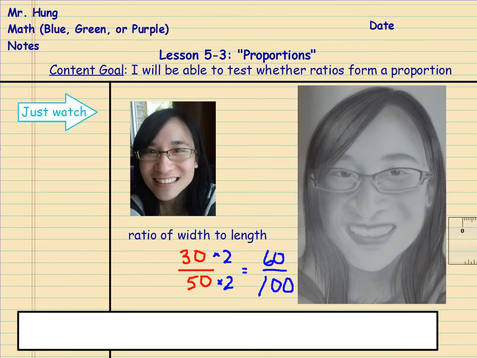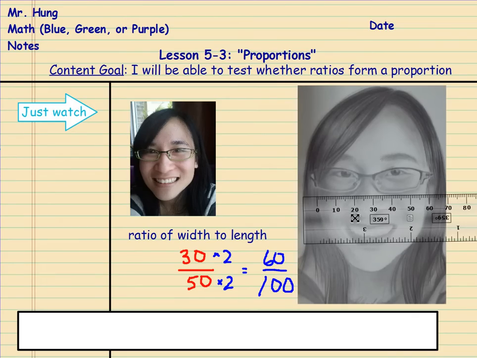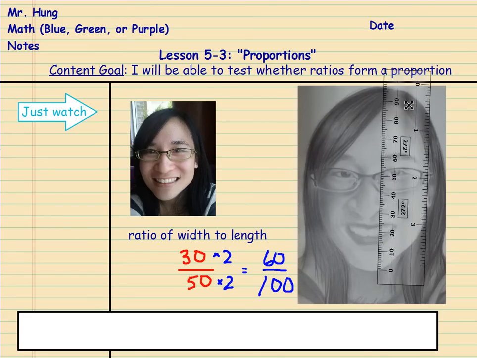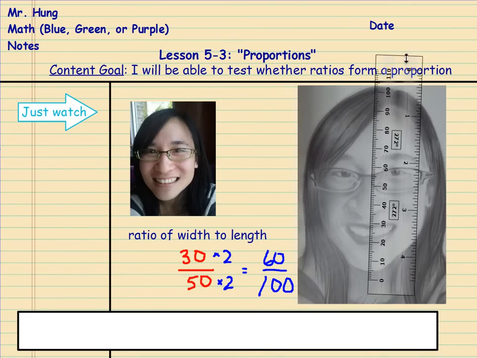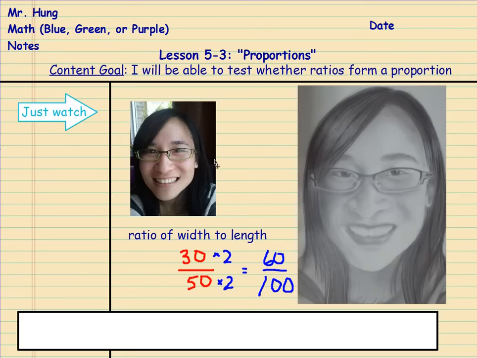Let's flip it around. 60 to... is that 100? To about almost 100. Now we can say that this picture and this drawing are proportional because the ratios are equivalent. And that's exactly what a proportion is.